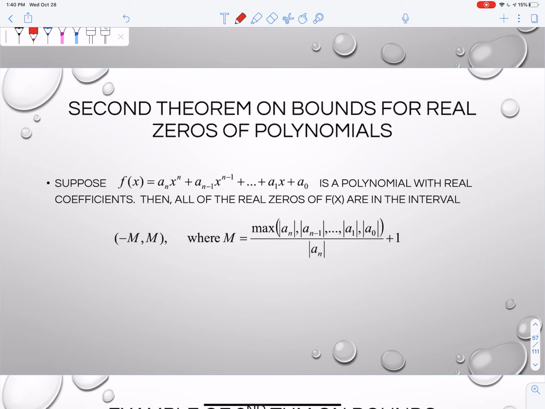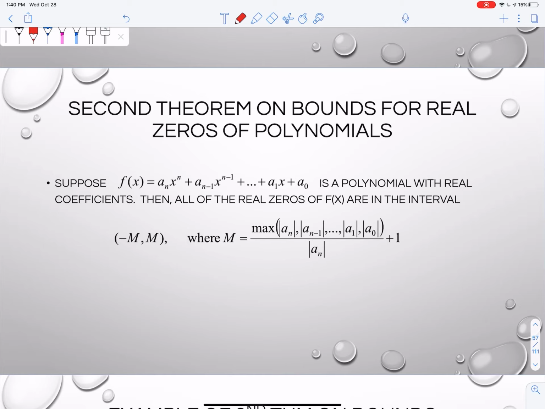First theorem on bounds is more useful. It's more applicable, and we essentially evaluate that every single step of the process. Every time we do a synthetic division, you need to be thinking first theorem on bounds, and whether or not you met the conditions for that first theorem on bounds for that particular zero or not.